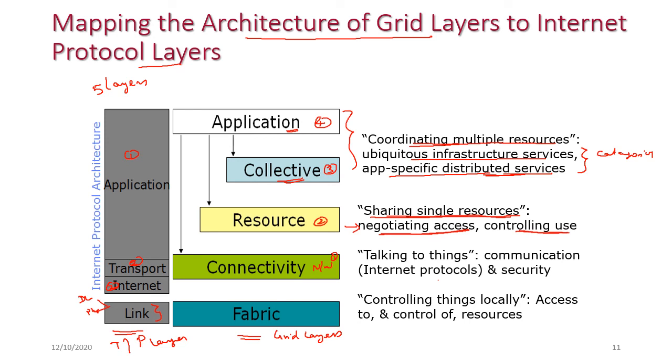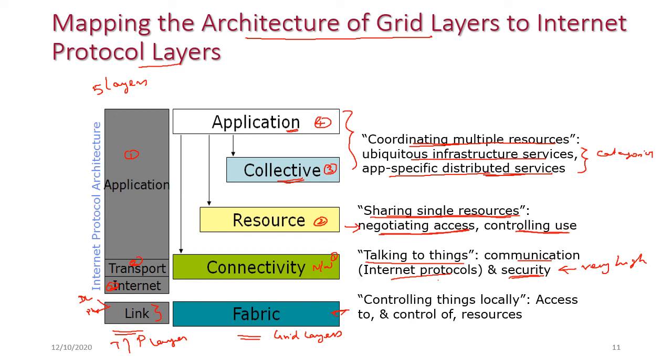The next one is connectivity, talking to things, that is, 2 components are connected together by using the network components. Communication is through the internet protocols, and we should have very high security for those resources. And the last one is fabric.